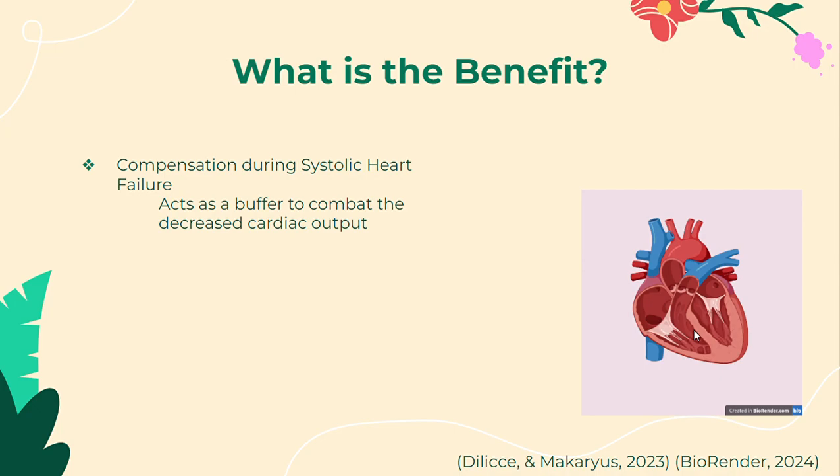It's going to be that balloon C where it's getting filled up more and more, and this is where the Frank Starling mechanism comes into play. As those myocardial fibers are stretched, it's going to create that big contraction of muscles, which is going to create more force.